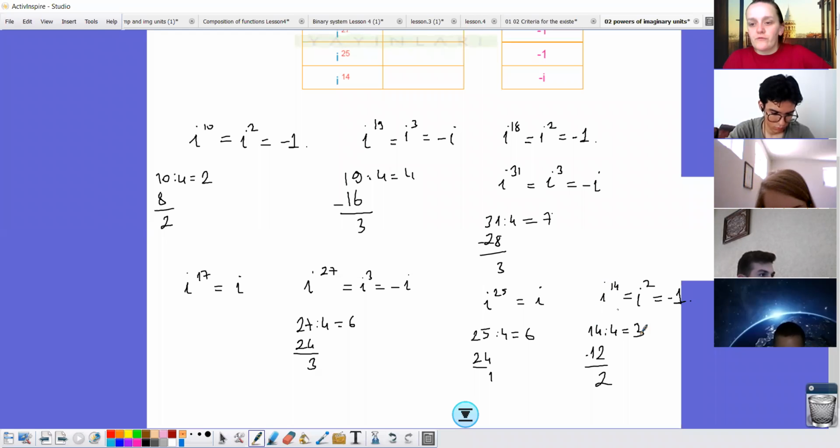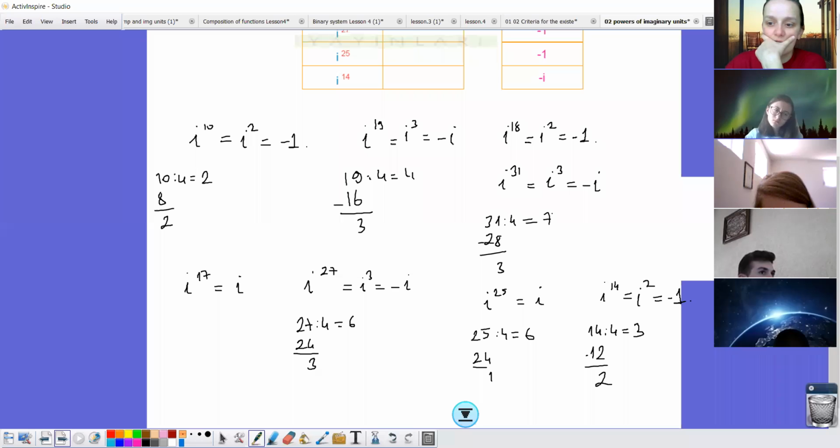So I to the power of 14 is minus 1. Is it okay? Did we understand the powers of I? Yes, teacher. Okay, so always we are dividing by 4. Now, if you have written this one, I will continue.